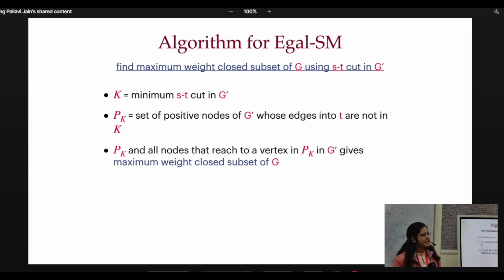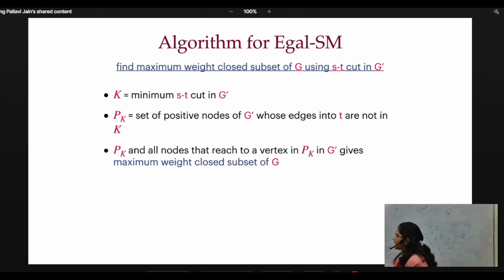What does it mean basically? These positive nodes are in which set, the set containing S or T? Positive, right? This PK set, what are we saying?